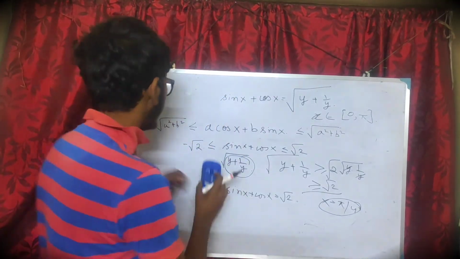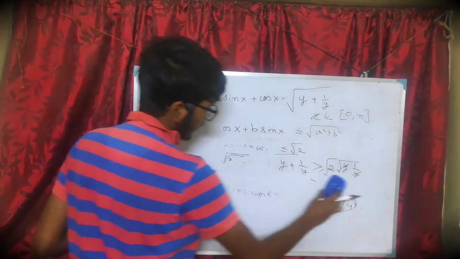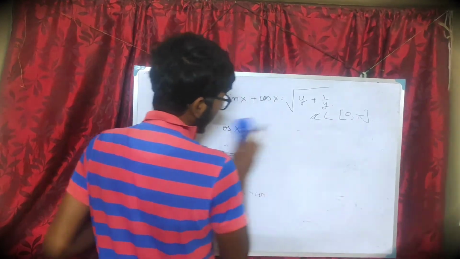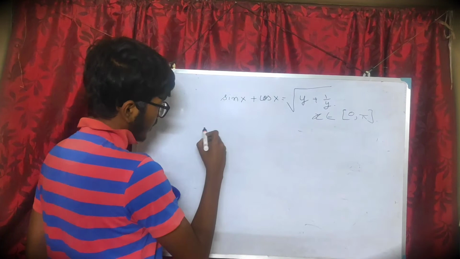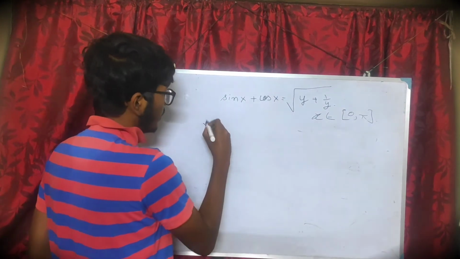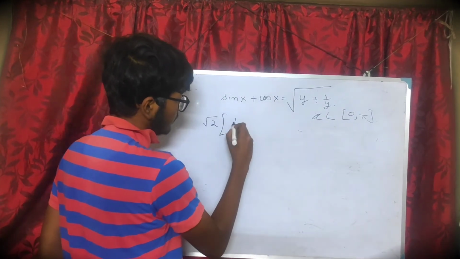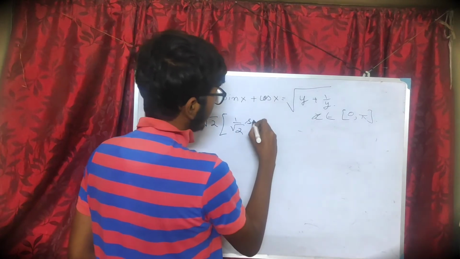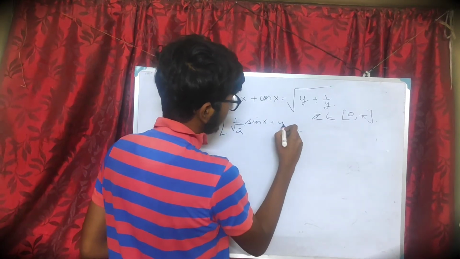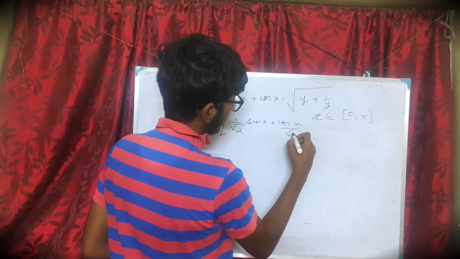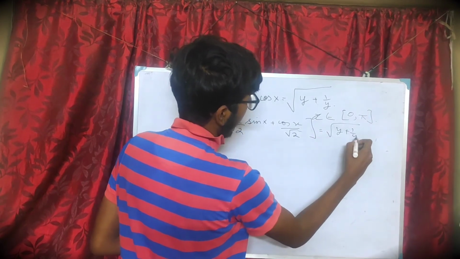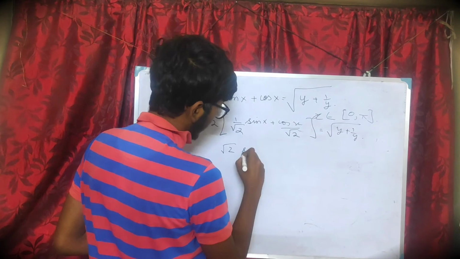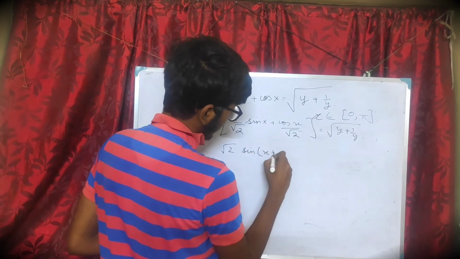The next thing that you could have done the other way around is to not go into such details and do it straightforwardly. You multiply and divide by root 2. Actually it is essentially doing the same thing. So root 2 sine of x plus pi by 4.